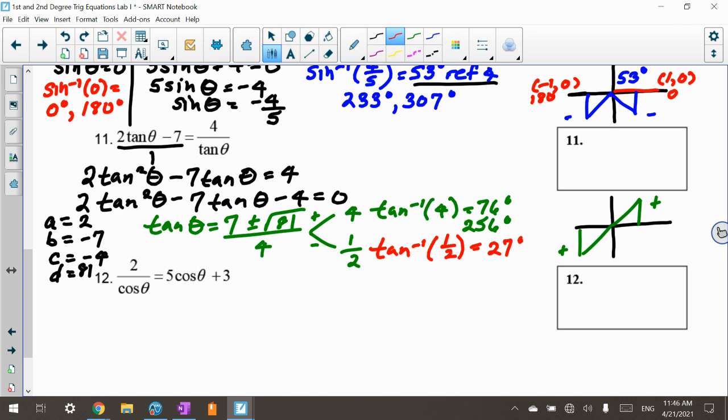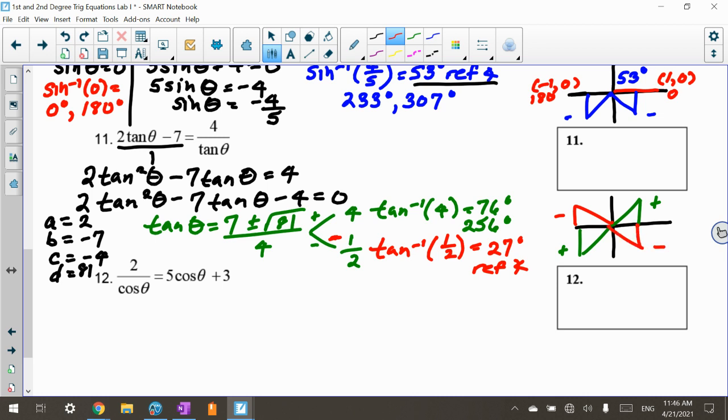I'm looking at the wrong one here. Oh, this is a negative 1/2. That's what I thought. So if I do inverse tan of a half, that's my reference angle. Sorry. This is a negative 1/2. So I know that tan is negative here and here. That's my fault. I'm sorry.